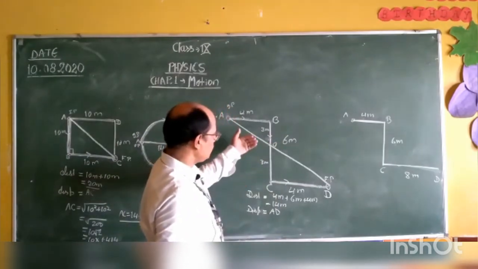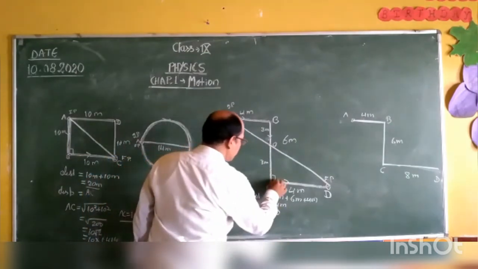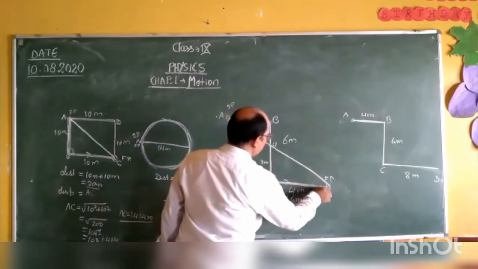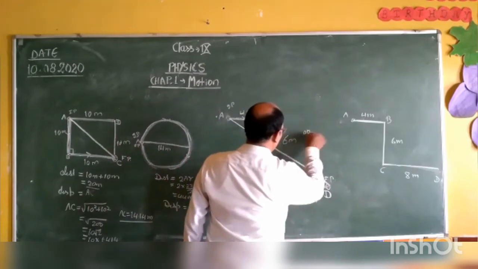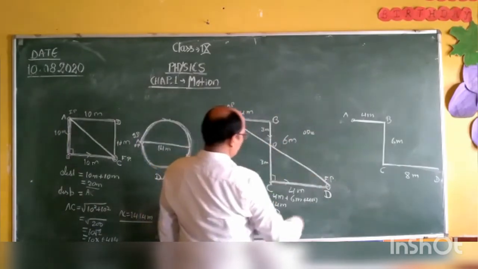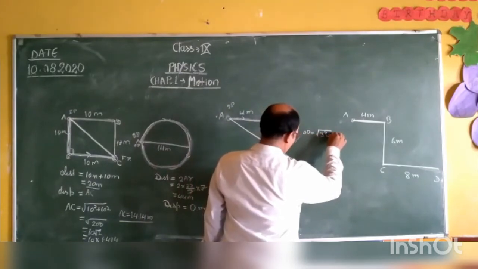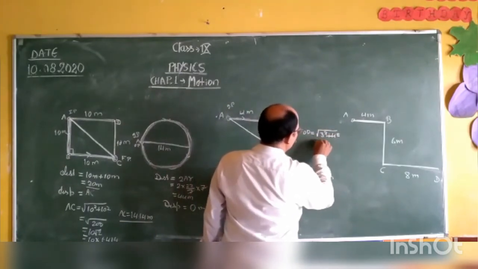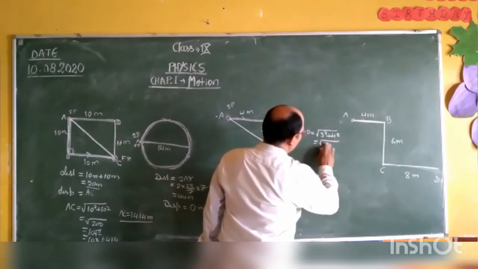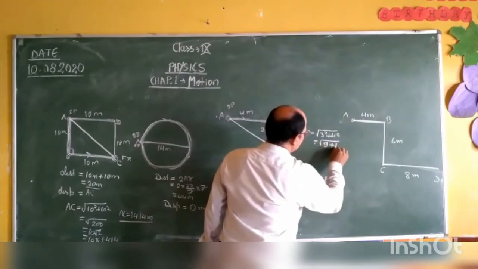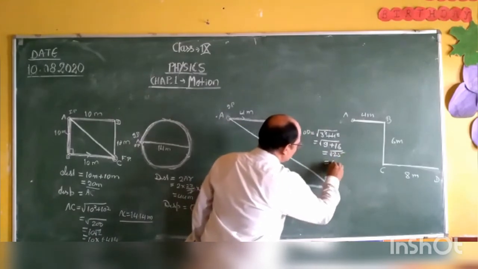It will intersect BC at its midpoint. Then using Pythagoras triplet, we have to find OD. Then OD will be root 3 square plus 4 square, means root 9 plus 16, which is root 25, and the value of root 25 is 5 meter.